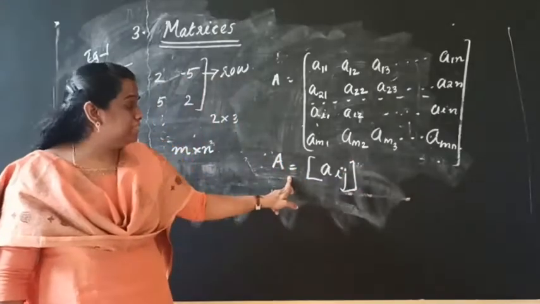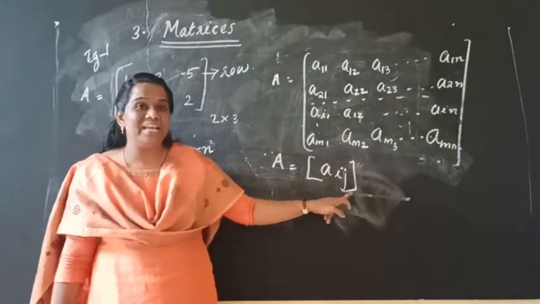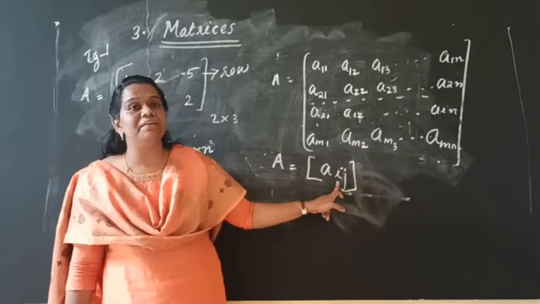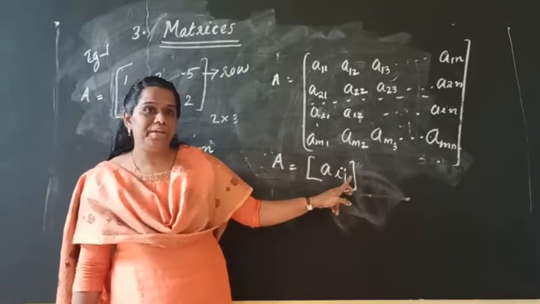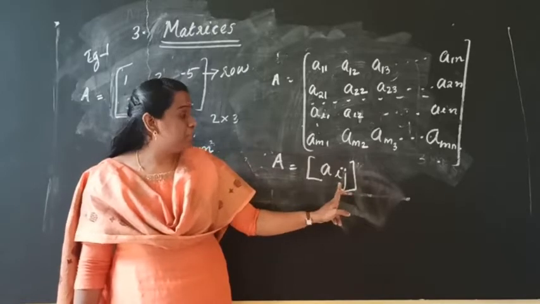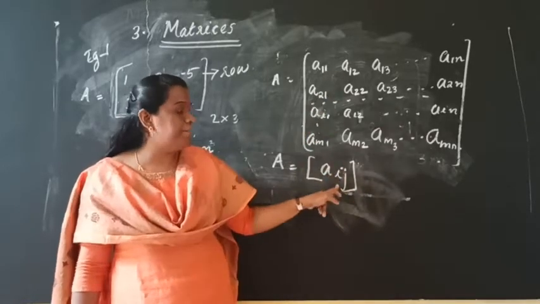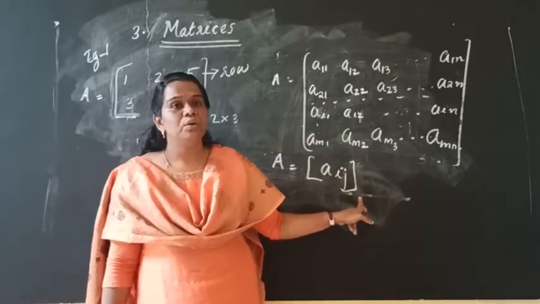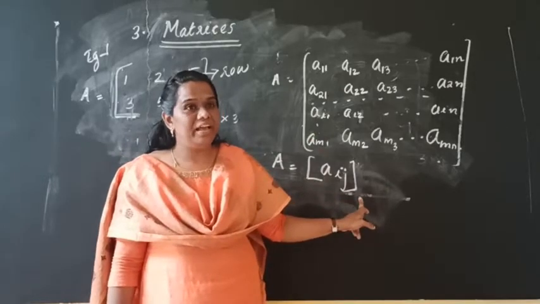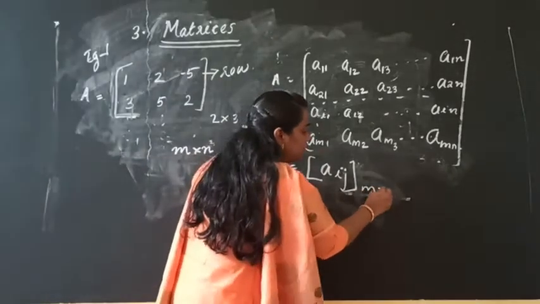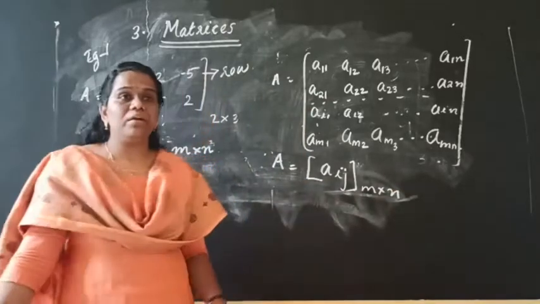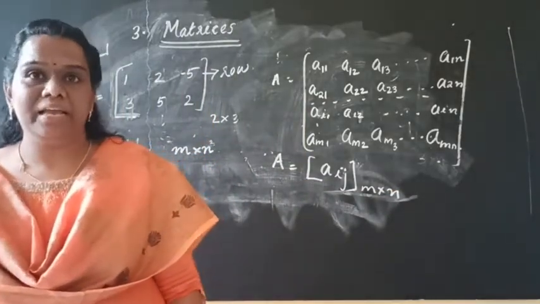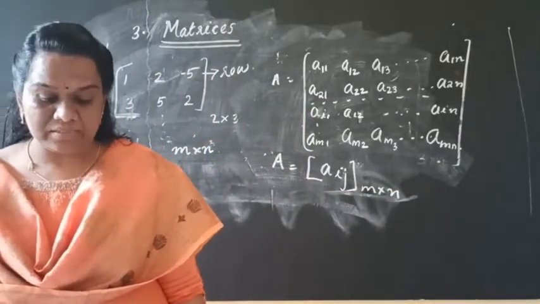If we write A is equal to the matrix Aij, I can take numbers 1 to m and j can take numbers 1 to n. Clear? What is the order of this matrix? M by n. That is the order of this matrix.